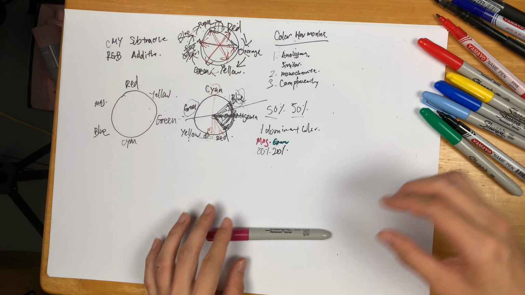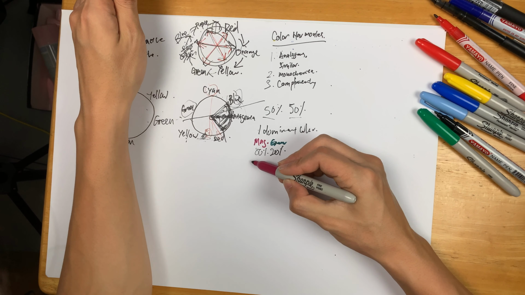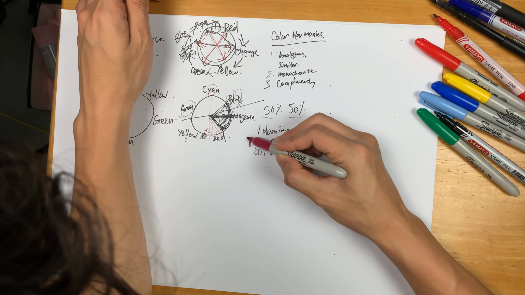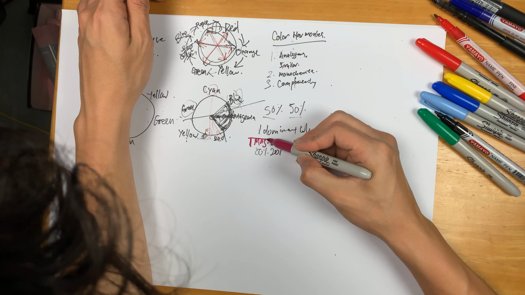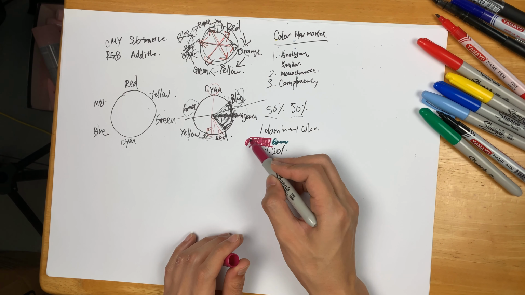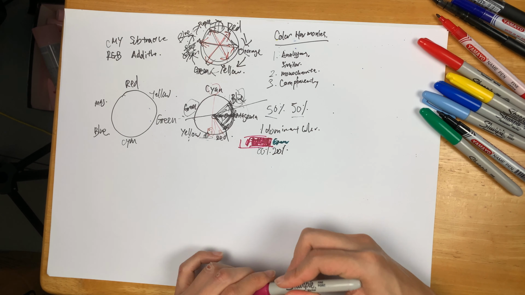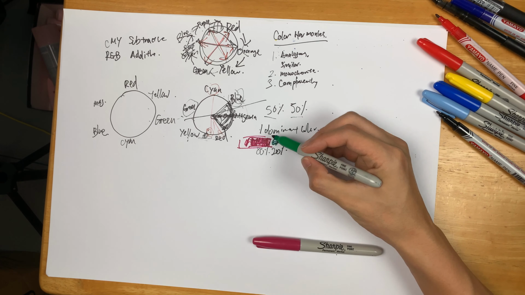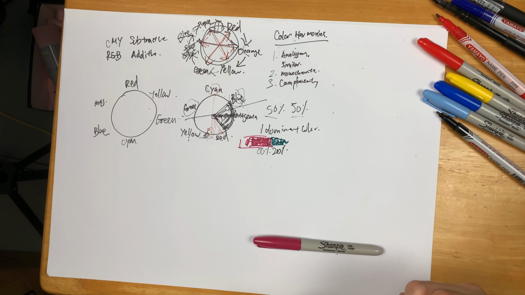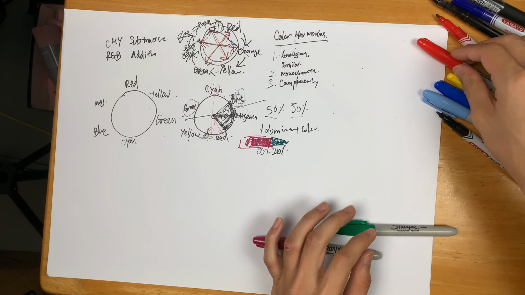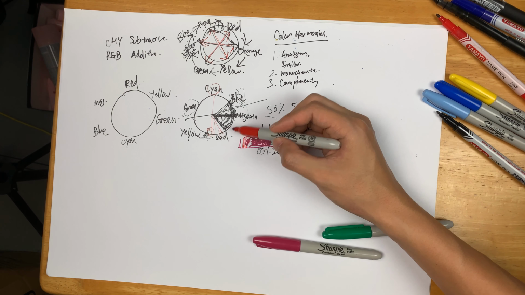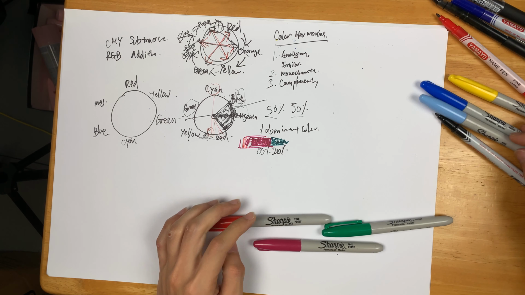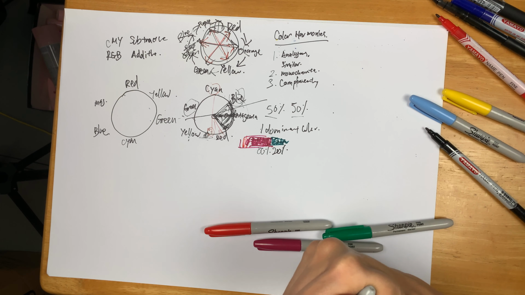So what this will look like is longer, right? Other than magenta, I can also have some reds, some blues and greens and stuff like that, but not necessary.